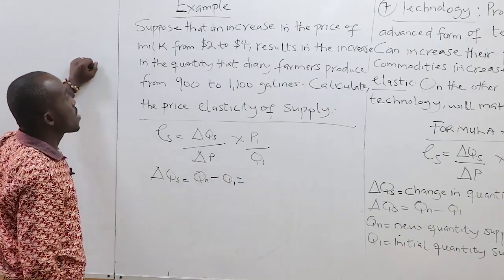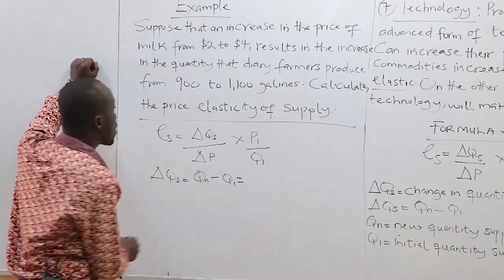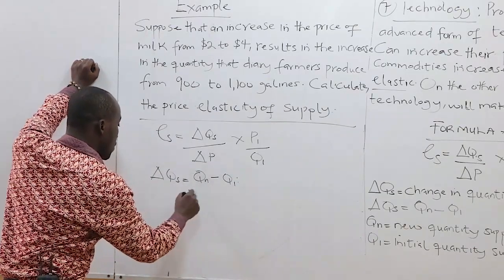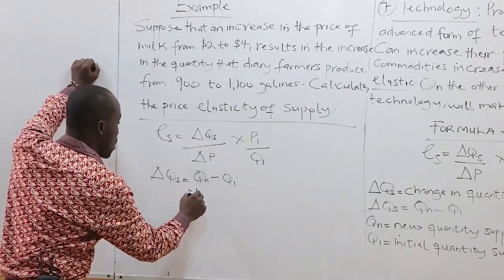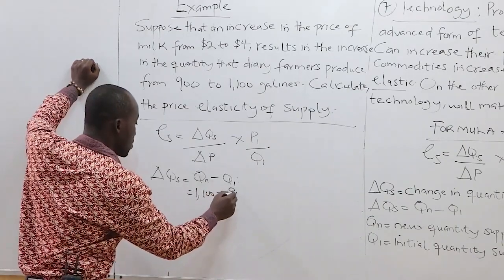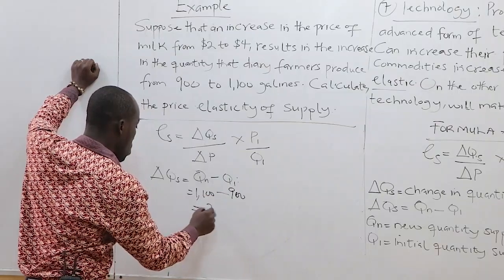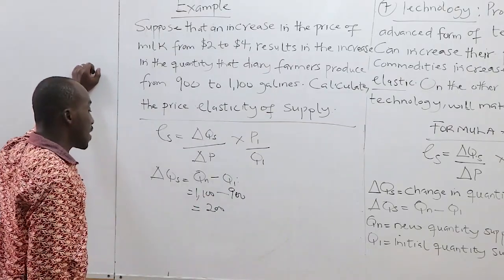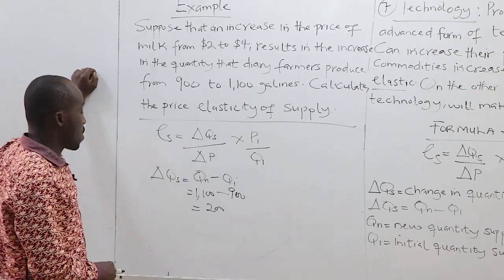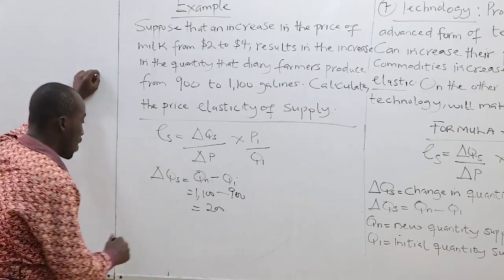What's the new one? The new quantity is 1,500, while the initial is 900. So the change in quantity is 600. What about change in price?